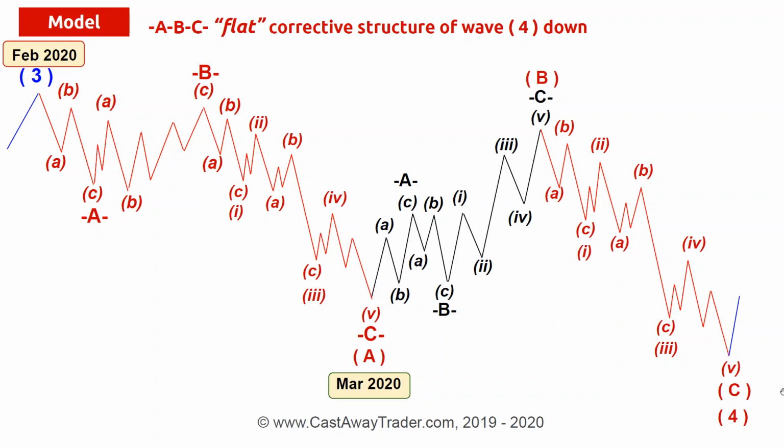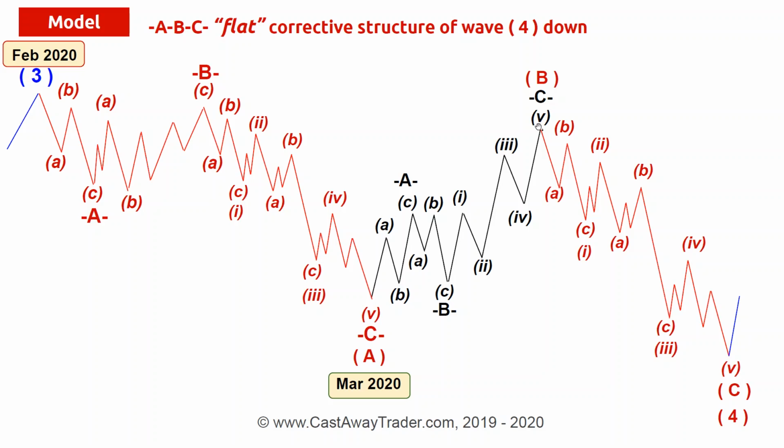We zoom in and get more details, and that model helps us predict the next move, and not only the next move, but what's going to come after every small move. And we can count those microwaves in order to understand when, for example, that move is big enough to be considered complete, and when we can start expecting a continuation of the move down.